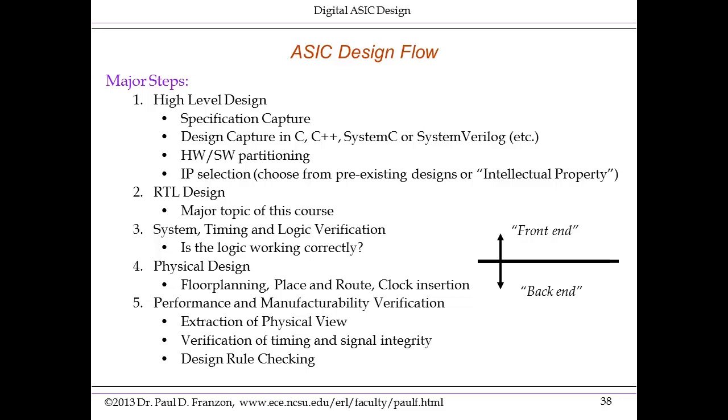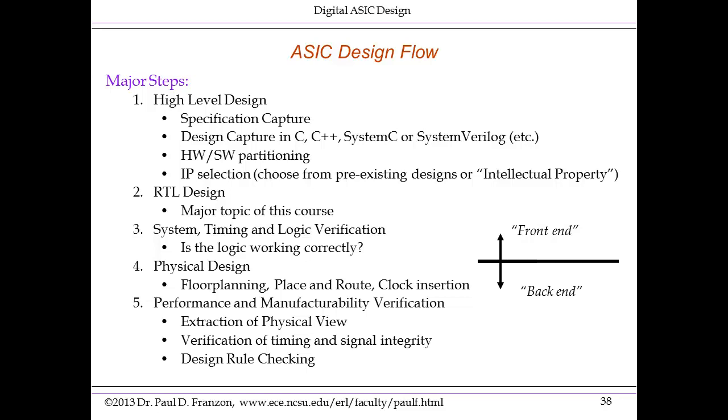The first major step in the ASIC design flow is the high-level design. We're not going to talk about that much in this class, but it includes specification capture and simulation, often at the specification level. For example, using SystemC is a common way to do this.